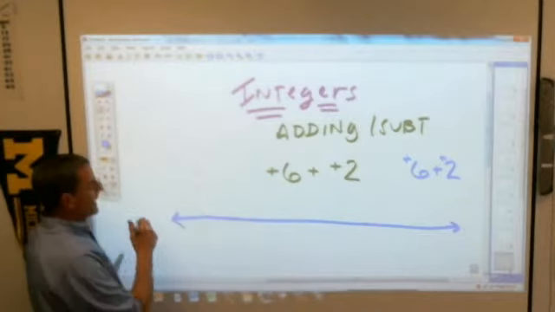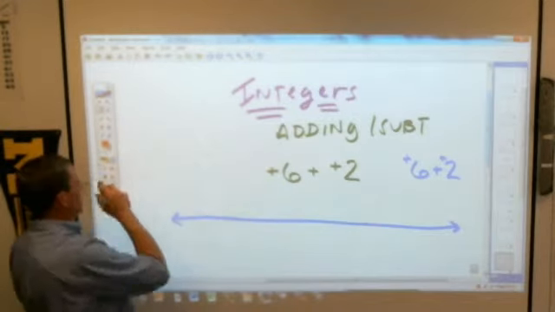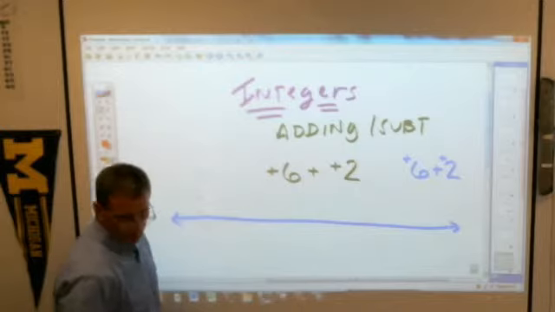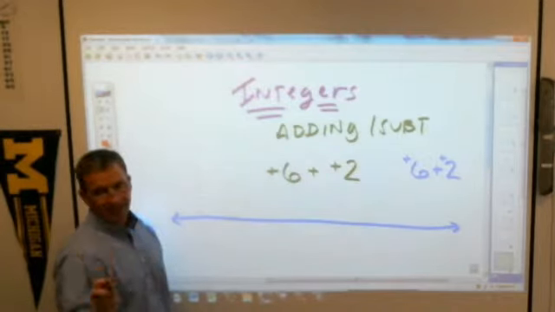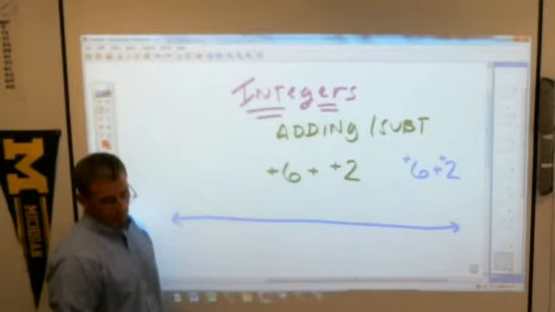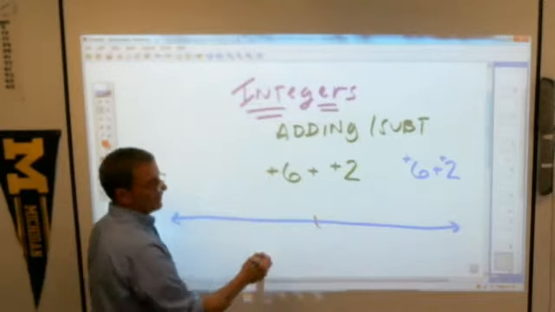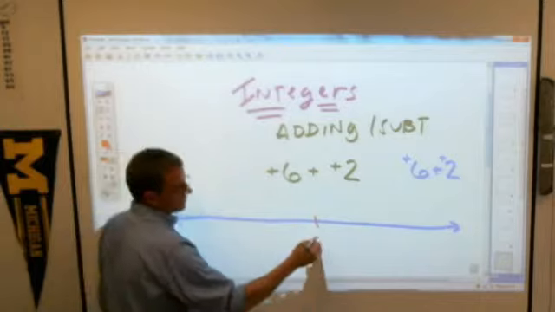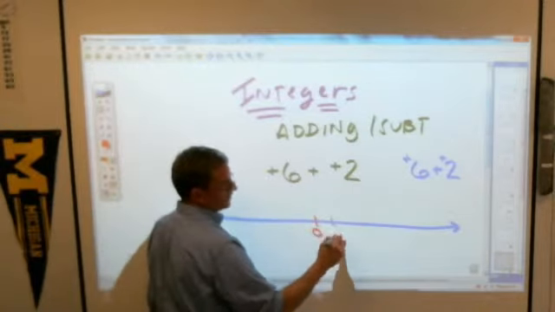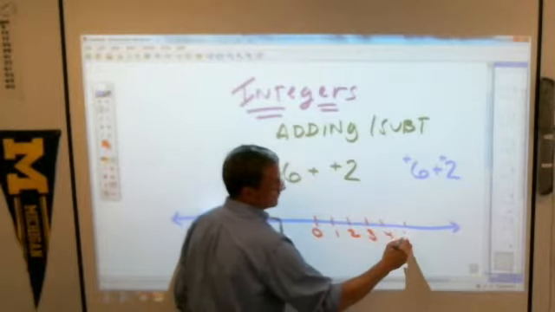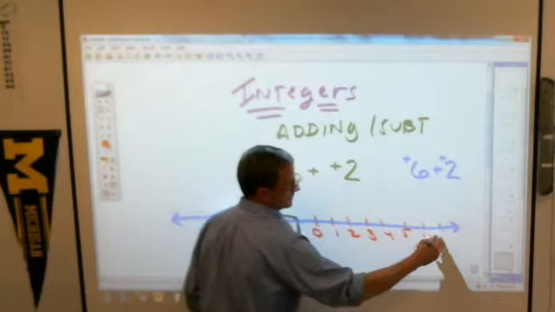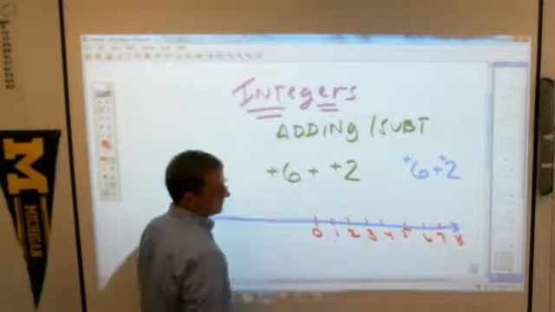On a number line, when you add, by the way, anybody remember what integers are? I suppose we should go over that. Integers are positive and negative whole numbers. So here's my number line. I'll list some of the integers. The positive ones: 1, 2, 3, 4, 5, 6, 7, 8.